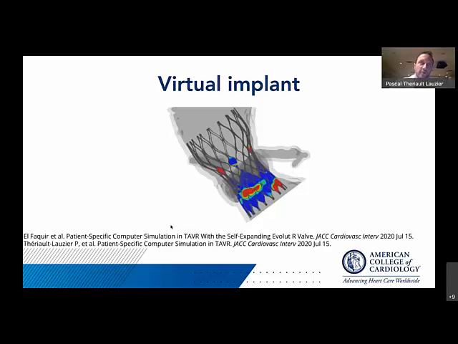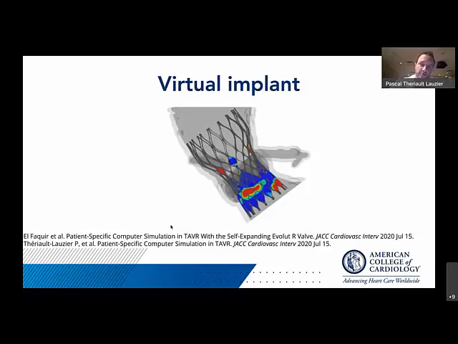Interestingly, we speak of testing how an implant would fit within a given anatomy, and the intermediate step is the 3D printed model that we generate in order to test that. Over the last few years, there's been some development in virtual implants.